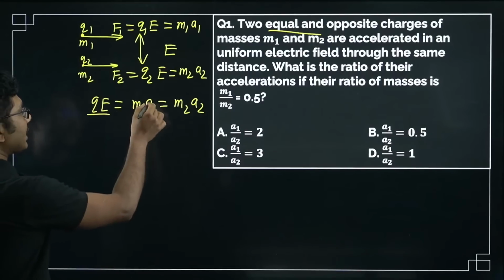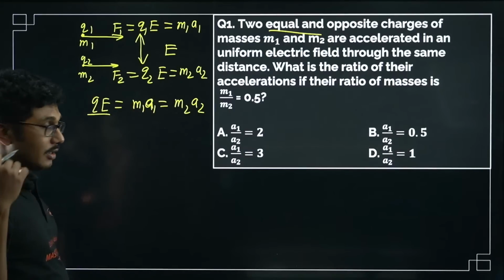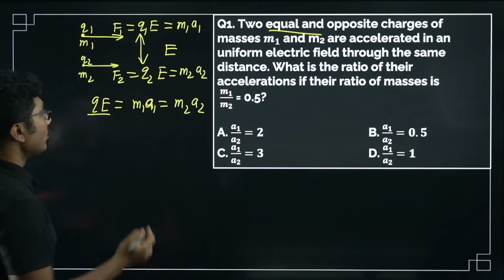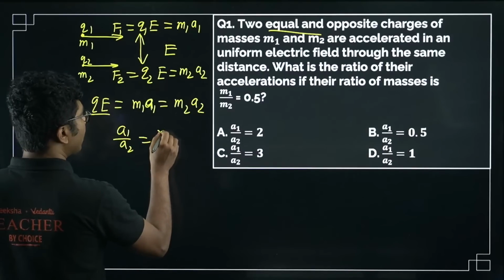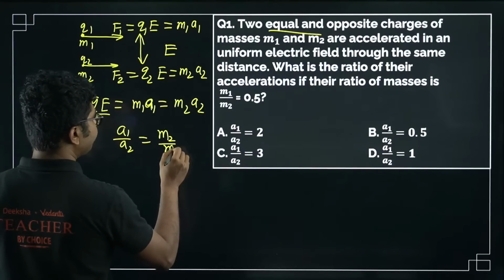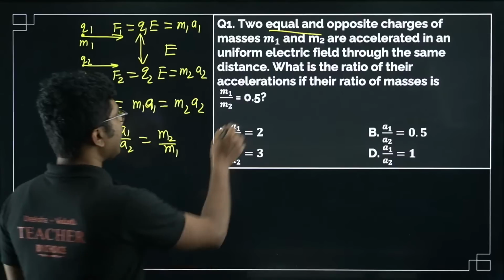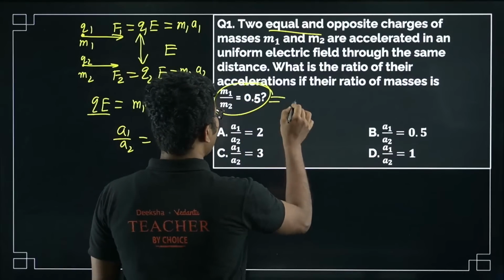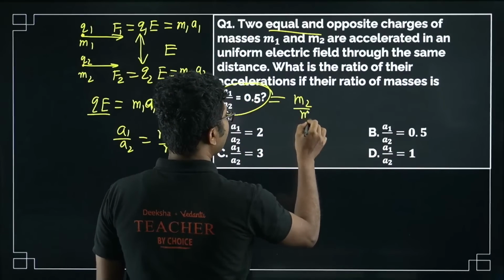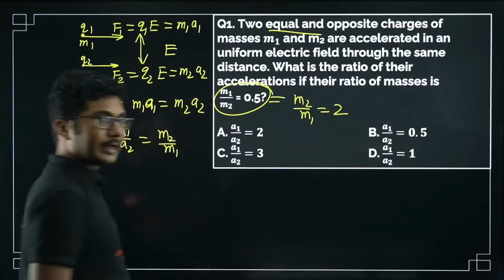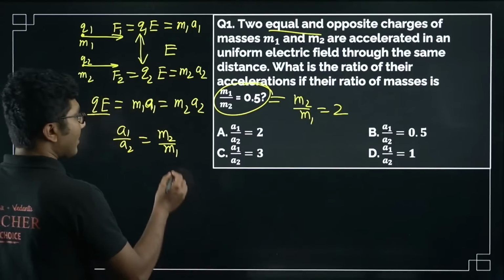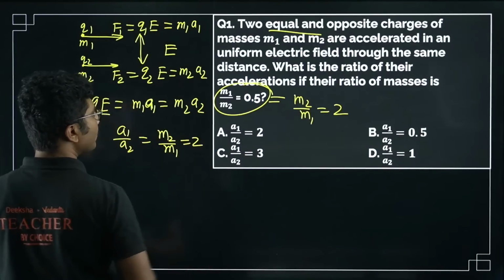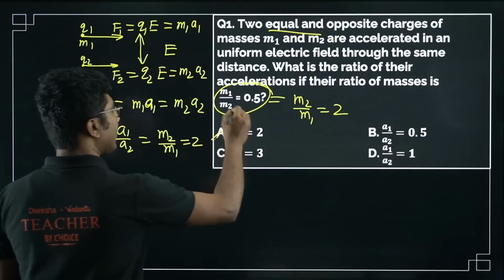So M1 A1 equals M2 A2, so A1 by A2 equals M2 by M1. Now M1 by M2 is 0.5, so M2 by M1 will be 2, the inverse of 0.5. So A1 by A2 equals 2. The correct answer is option A in this case.